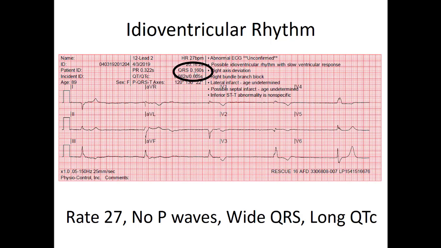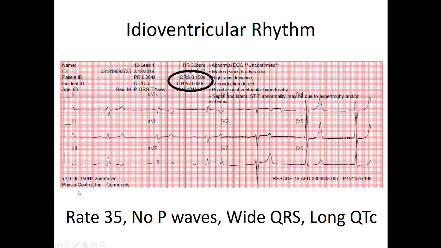Because my QRS is wide, so this rhythm is originating below the AV node from the ventricles, and it's at a rate where I can tell that the ventricles are doing their best to try to take over to pump blood. So again, this is an idioventricular rhythm with a rate of 27. And again, just like before, here we have a QTc of 605. So this is a really long QT interval.